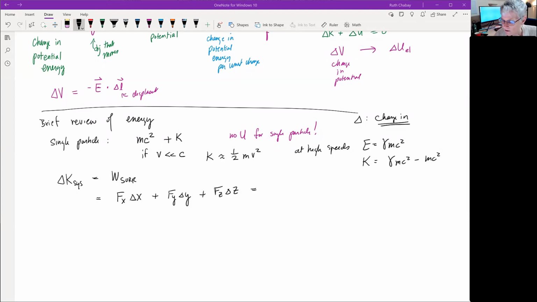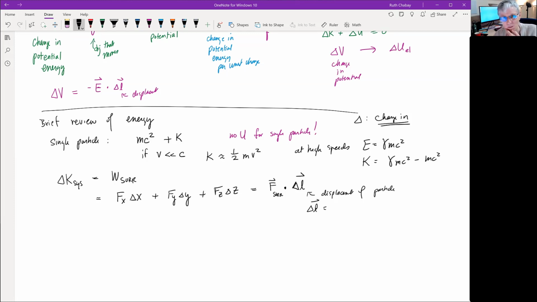So we could write this as the force by the surroundings dotted into, we might have called it delta R, and in our notation here, we're going to call it delta L. This is the displacement of the particle. So delta L is the vector.